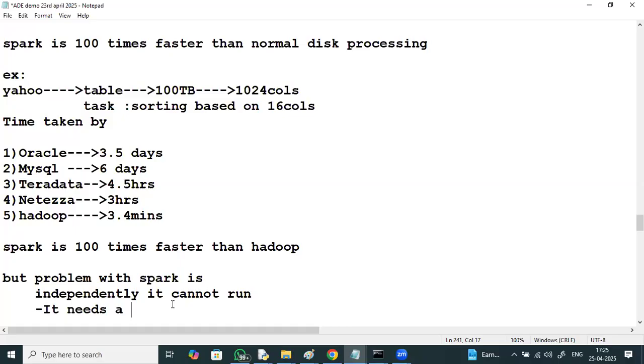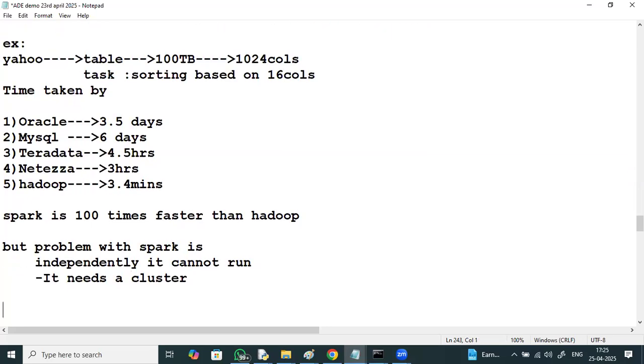But the problem with Spark is that independently it cannot run. It needs a cluster. What is a cluster?